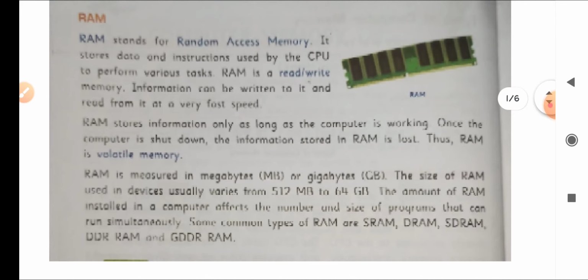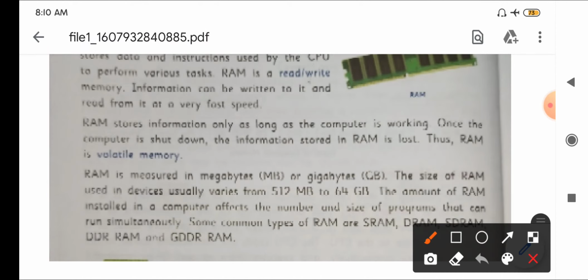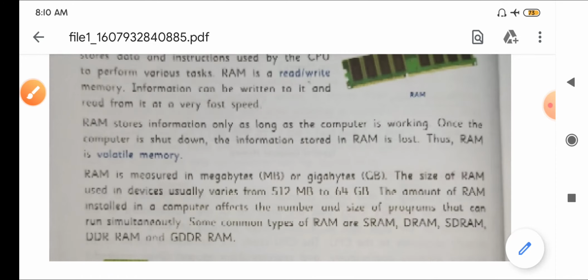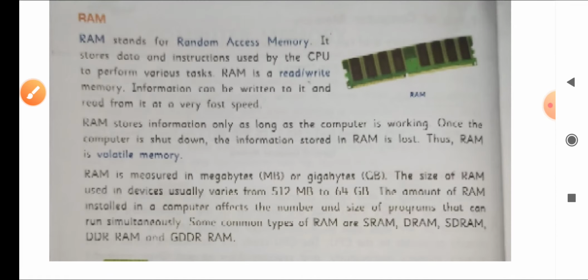Then next is information can be written to it and read from it at very fast speed. We can read the data or instructions very fast, and the information can be written to it.